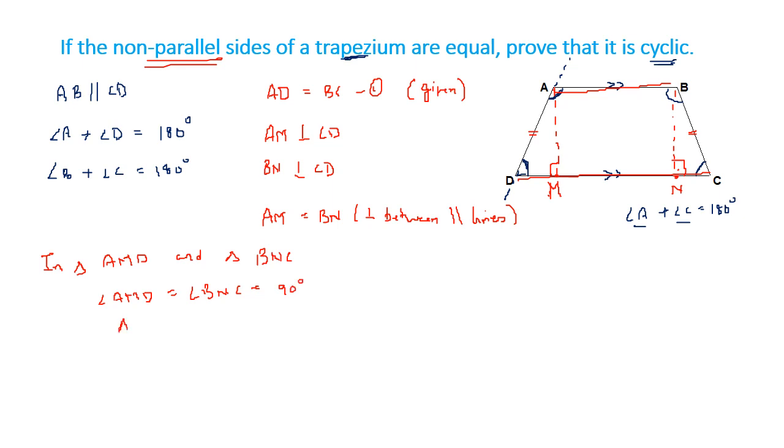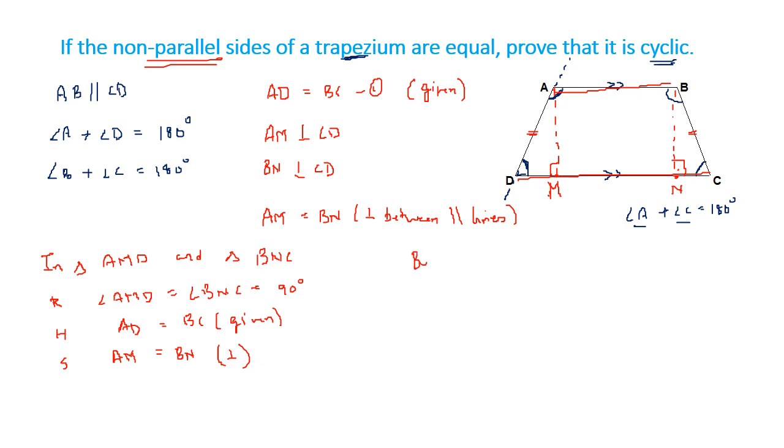Then AD equal to BC, which is given, and AM equal to BN, which are the perpendiculars between two parallel lines. So we have this right angle 90. This is the hypotenuse, and this is the side. This is the hypotenuse opposite to the right angle.